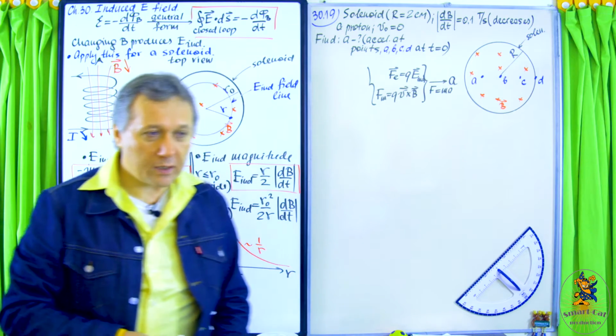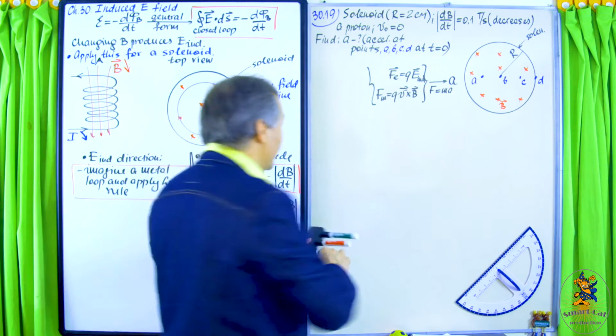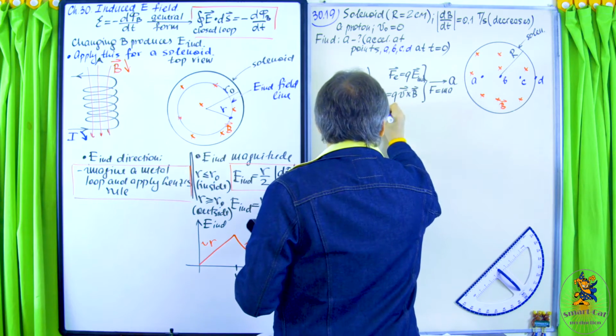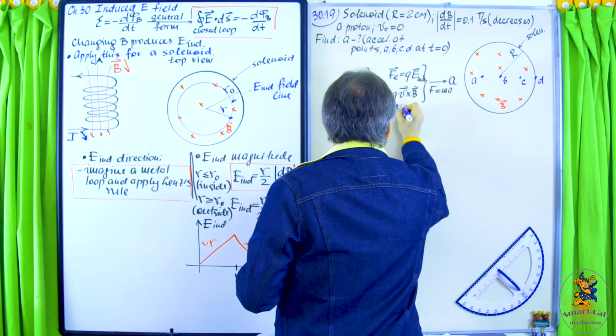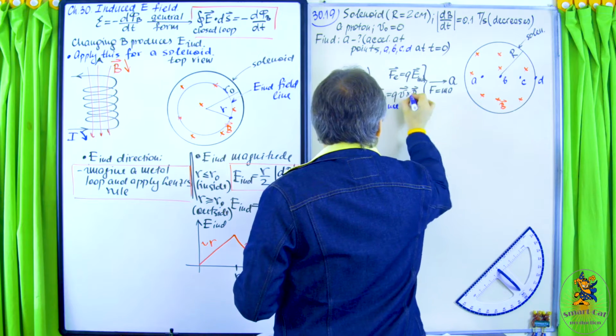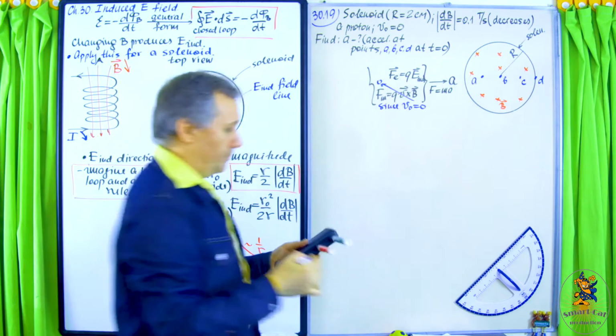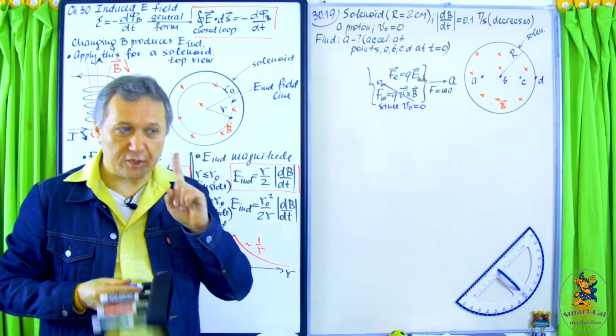Otherwise, it would be significantly more complicated. So now let me write that down. Since V naught equals 0, this force is 0, again at the initial moment of time.